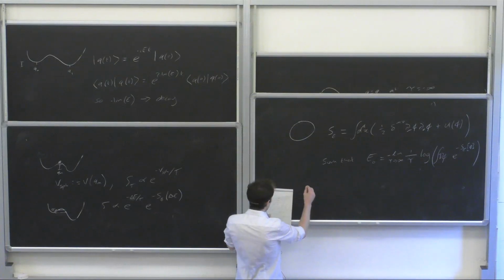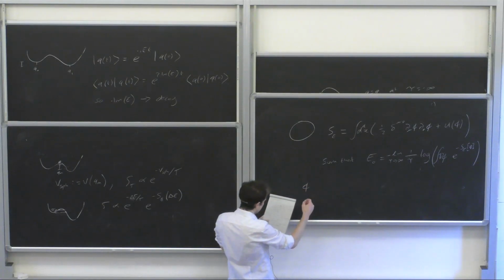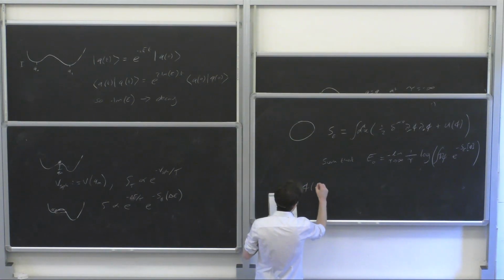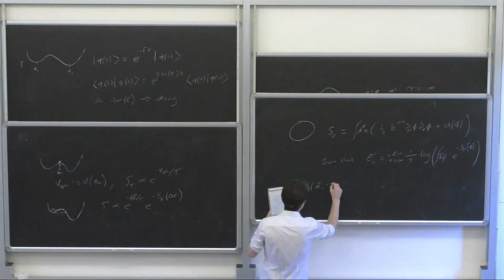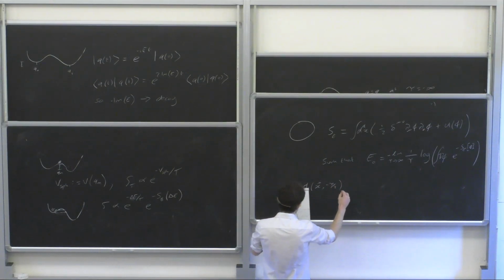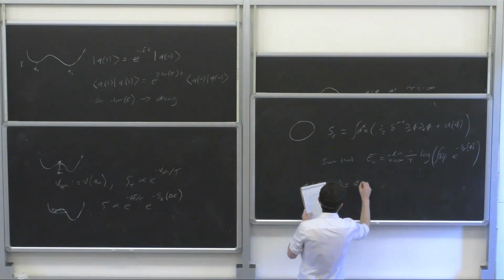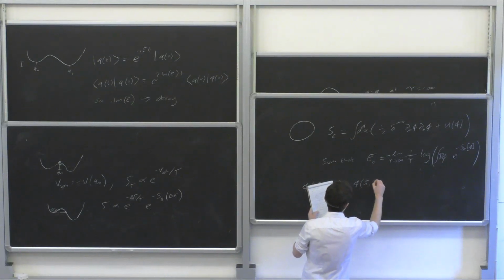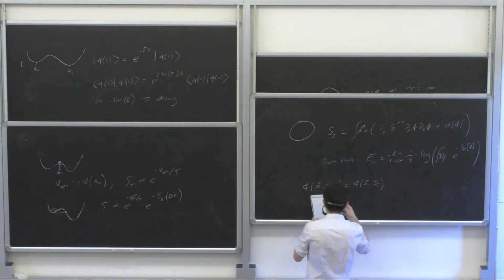So this means that our boundary conditions, in order to have finite action, have to be phi of x, minus tau over 2, equal to phi of x, tau over 2.